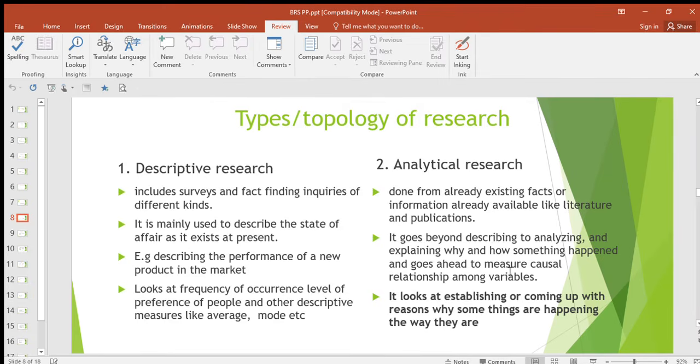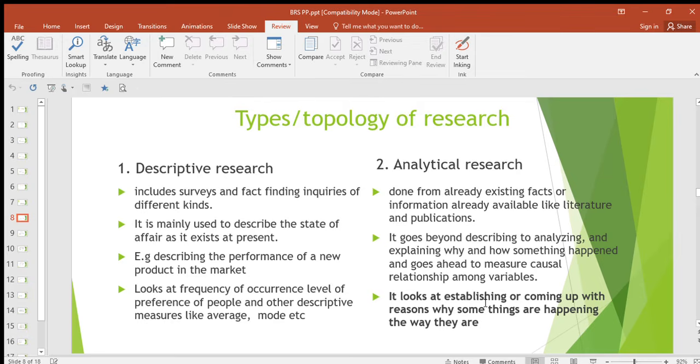Analytical research looks at establishing and coming up with reasons why some things are happening the way they are. You want to find out why things are like this. Sometimes it might be based on something that happened in the past.